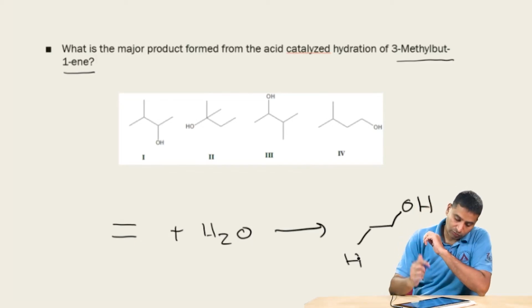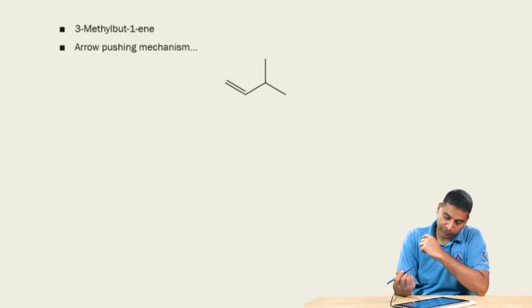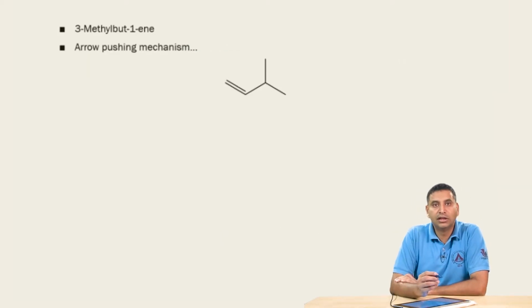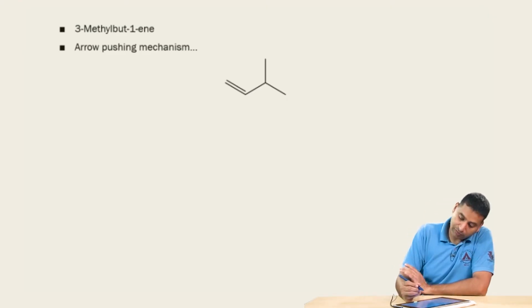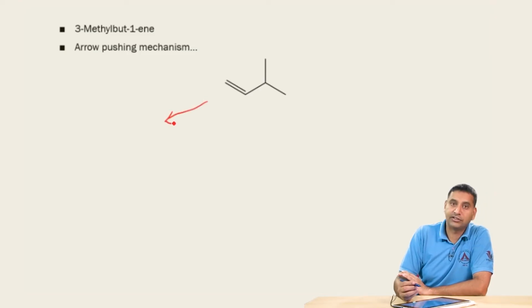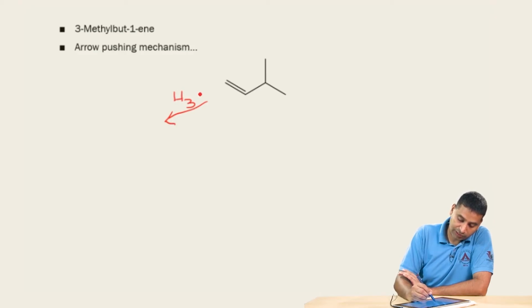Okay. So, in order to answer this question, let us first draw out 3-methylbut-1-ene, which I am assuming all of you have already drawn. Now, let us look at an arrow pushing mechanism. Since this is an acid catalyzed reaction, I would expect H3O+ in the medium.